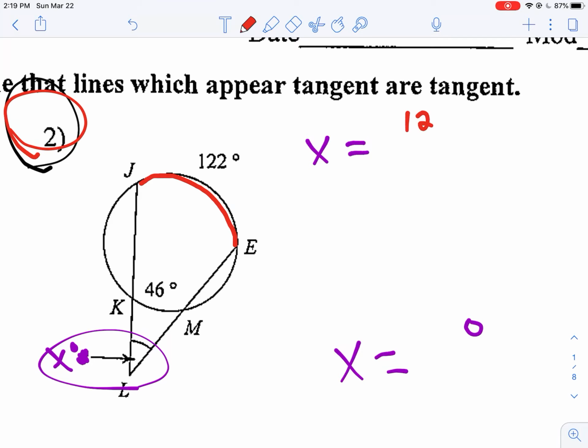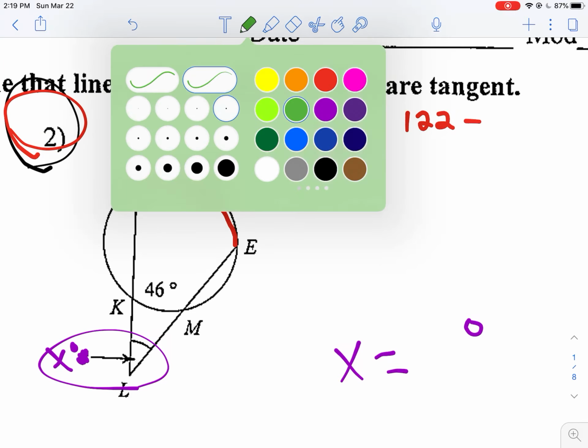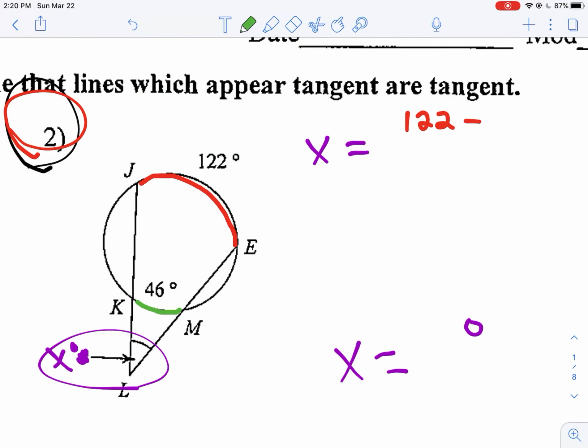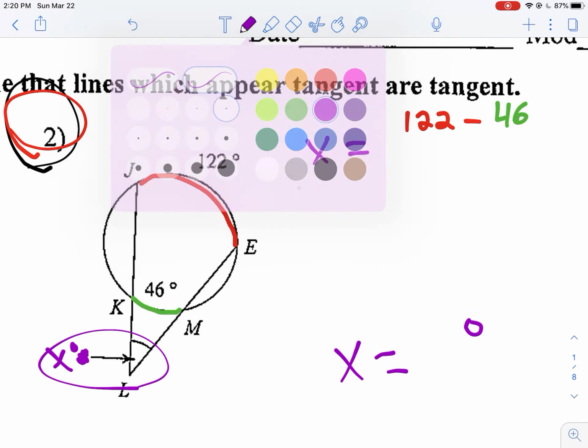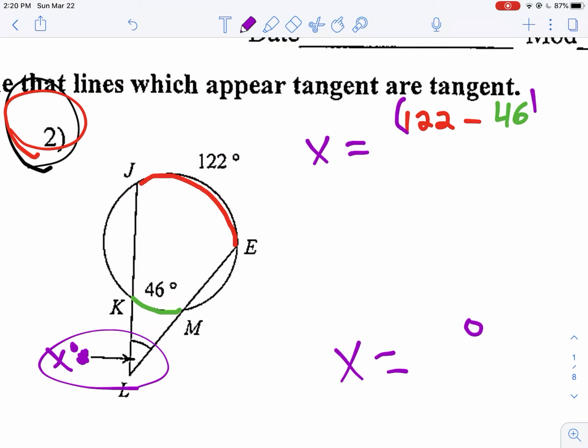Big arc, 122, minus, in green here, my small arc is 46. All in parentheses, because I have to do that first. And then divided by 2 at the end.